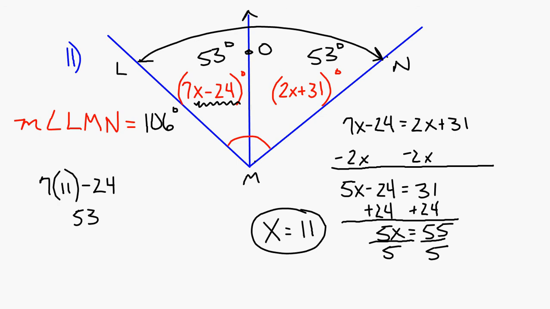All right, we got 2 left. 12. Same drawing, LMN again. MO bisects the big angle.